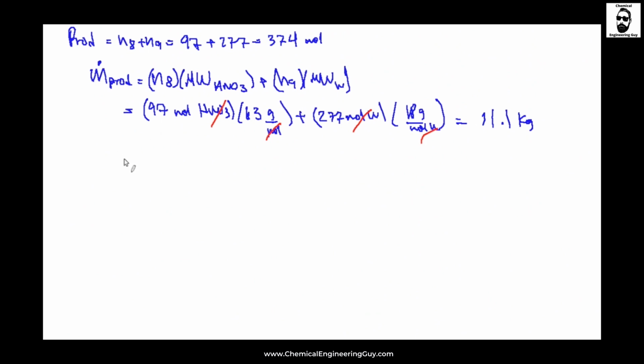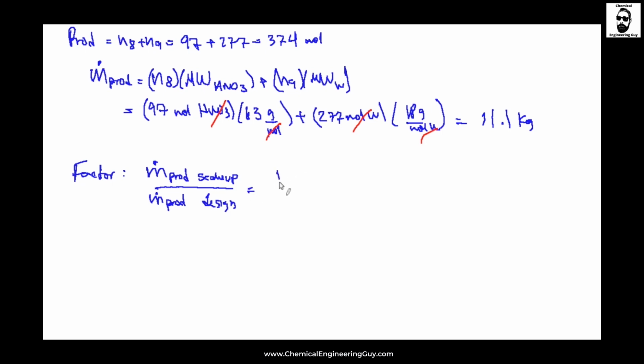So let's continue. We have that, and let me calculate the factor. The factor is always the mass flow of product for the scale up, divided by the mass flow of the product previously designed.